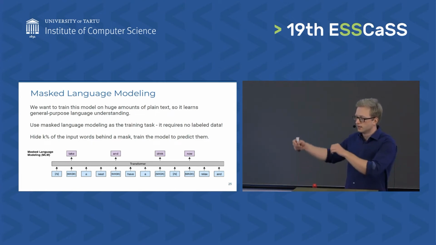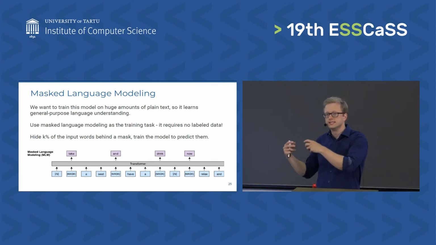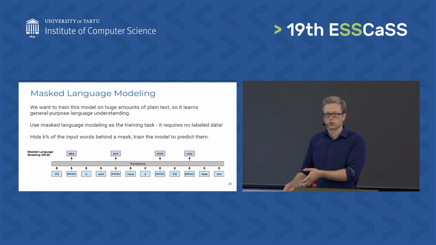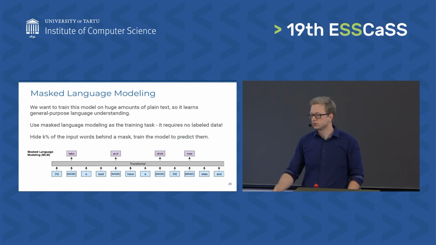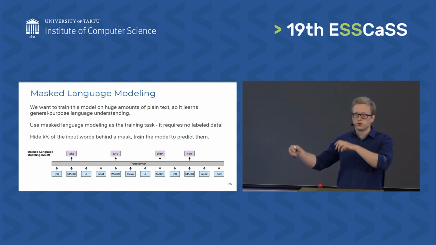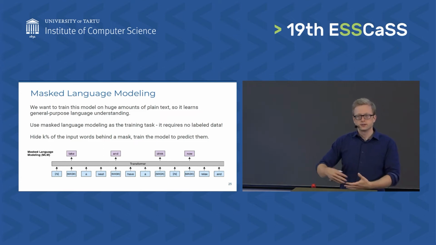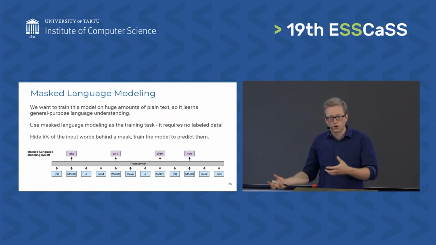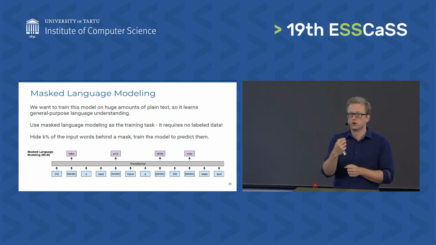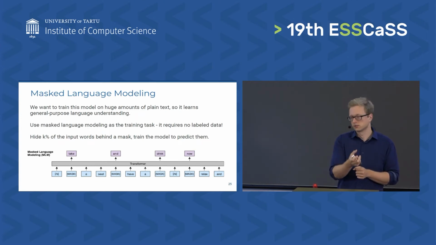This incentivizes the model to use all the available context information. It needs to look at the words that are available, learn how these words fit together, how to compose their semantics, and then figure out how to predict a word in the masked slot.